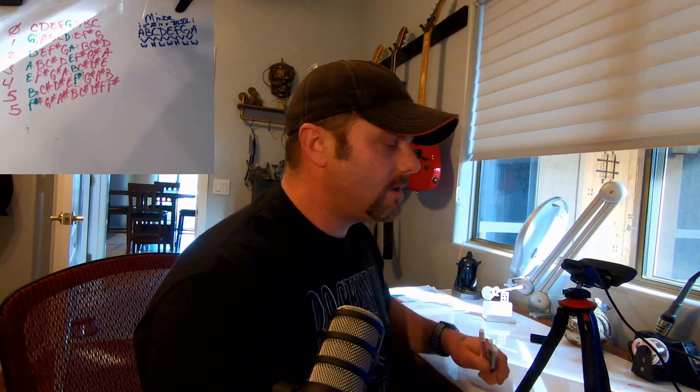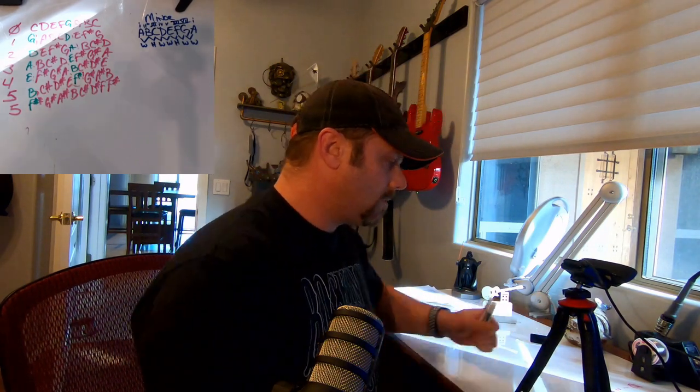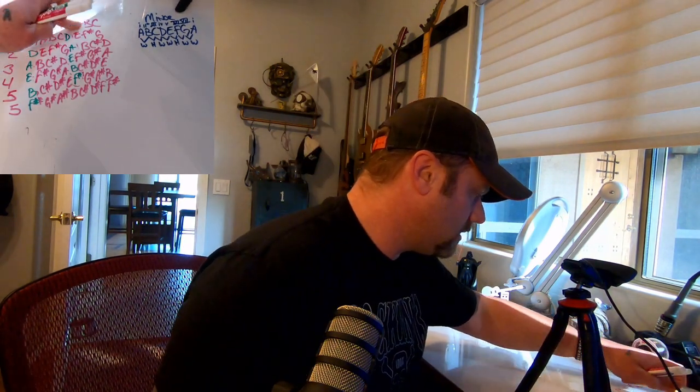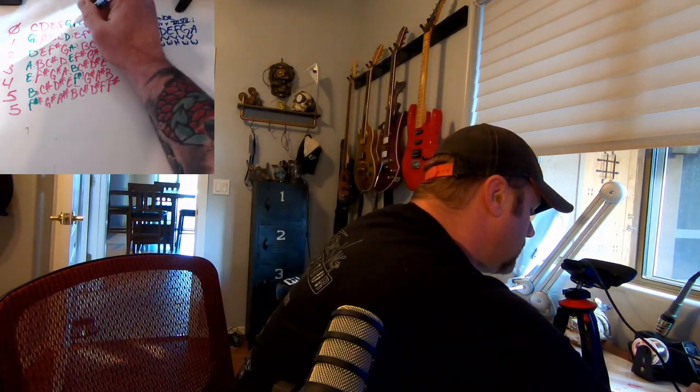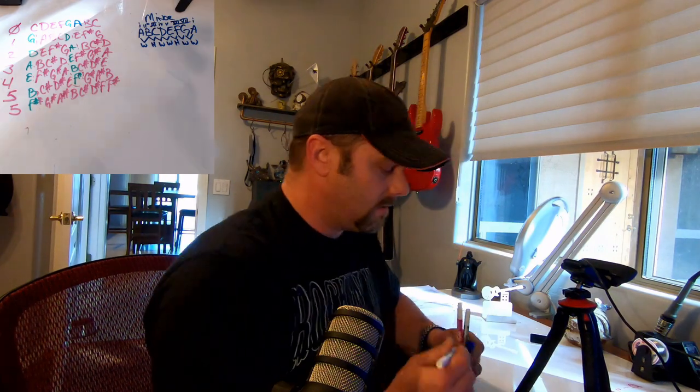And as I alluded to before, every major scale has a relative minor. So I'm going to color code the sixth. That's our relative minor, it's always going to be the sixth of the major.